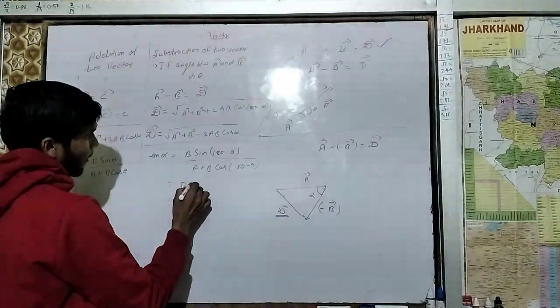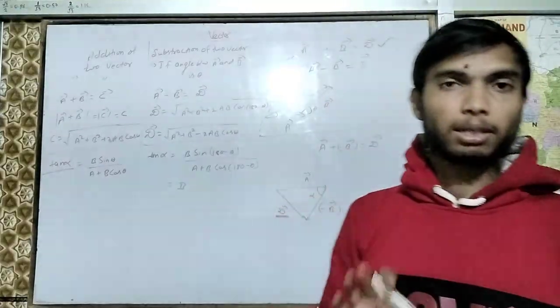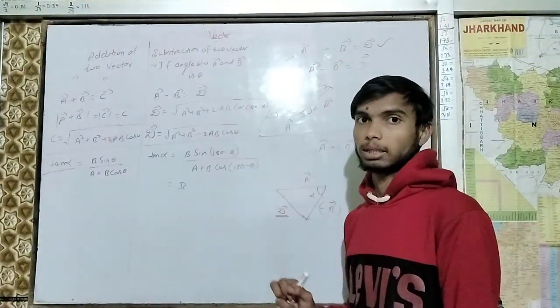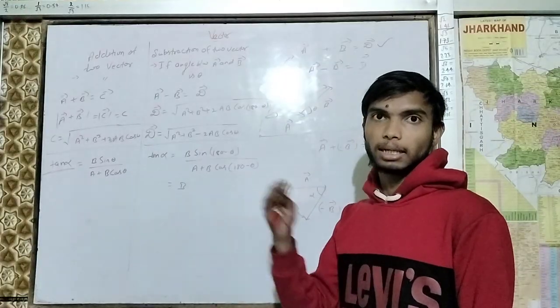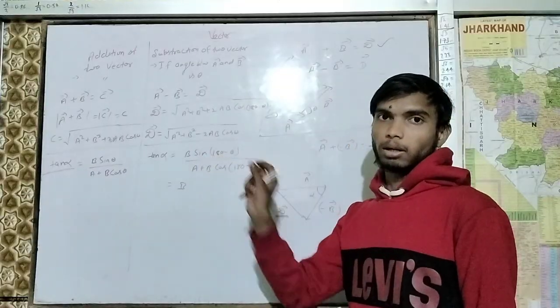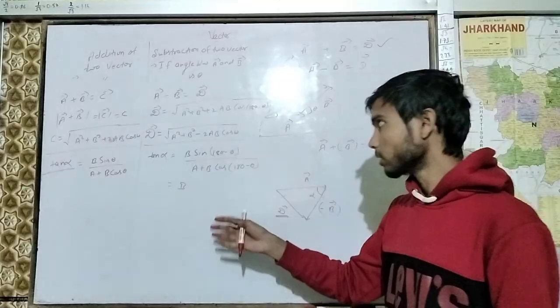Here you can see sine comes in second quadrant. That's why this will be as it is. Why? Because we have 180. When it comes to 180 and 360, the trigonometric function does not change itself.